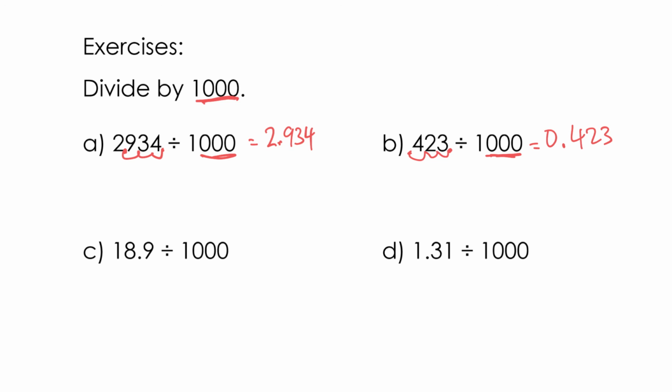Put a 0 at the front. 3 zeros. 1, 2, 3. Have to put a 0 there. Decimal 0, 1, 8, 9. And you put a 0 at the front. And this one's going to be a little tricky because it's 3 jumps. 1, 2, 3. So we have to fill it in with 2 zeros. Decimal 0, 0, 1, 3, 1. And we put a 0 at the front.